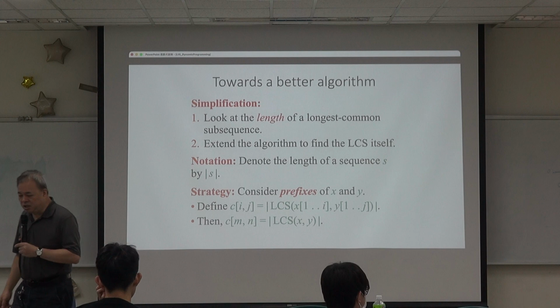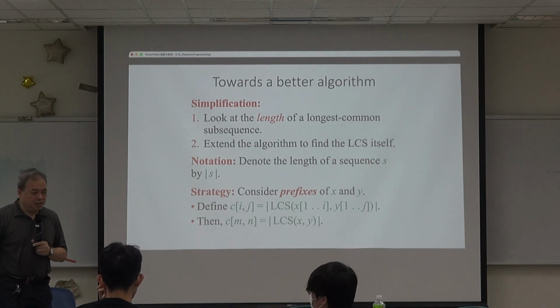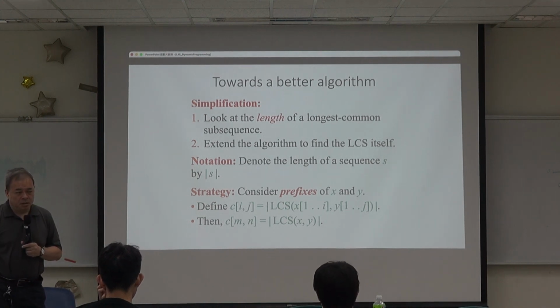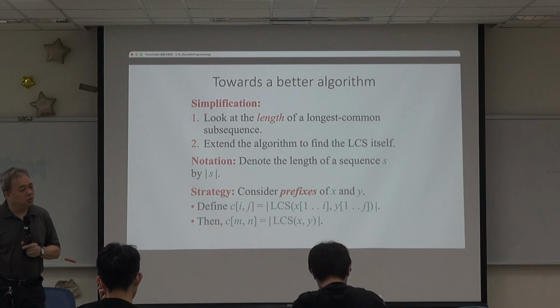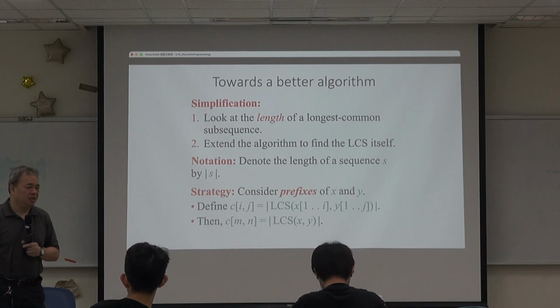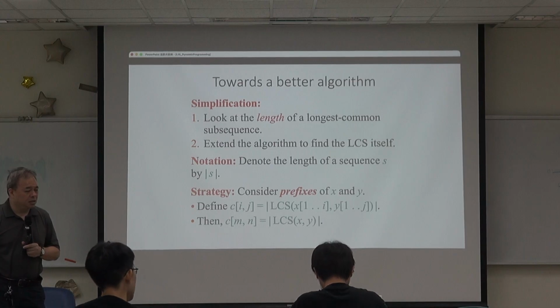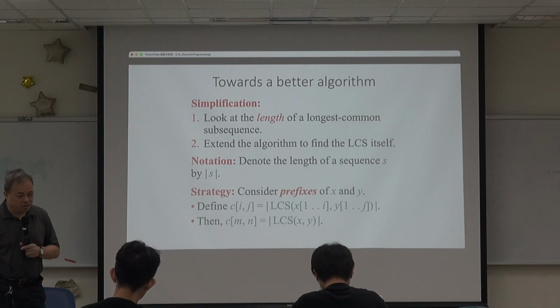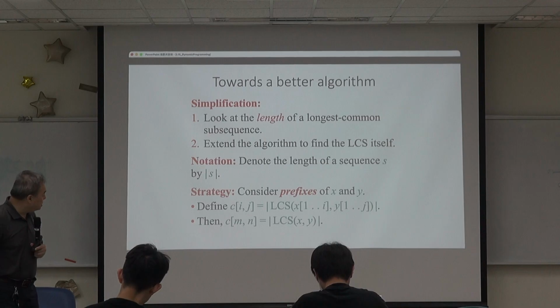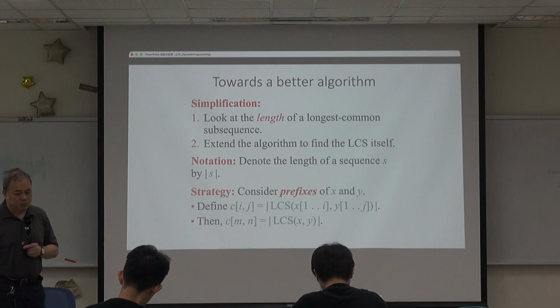So we define that as this function, Cij. This Cij function is well defined. You cannot have more than one answer to this Cij. Even though your LCS, the longest common subsequence, may not be unique, their length must be the same.